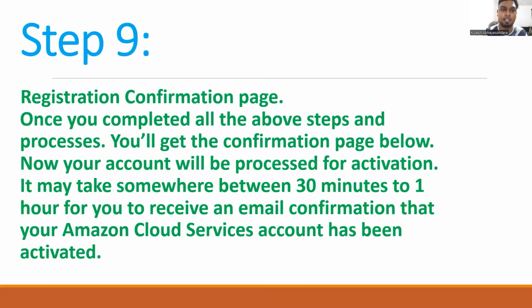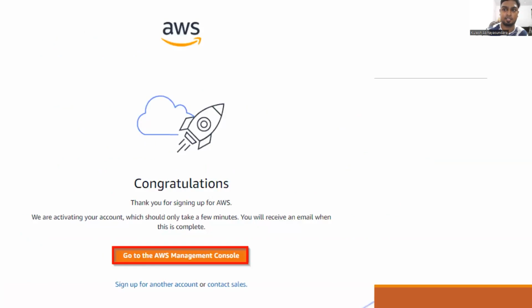In step 9, your registration confirmation page comes for you. I'll show it later on. Here, when you complete all the above steps in the process, you'll get a confirmation page. And this page will tell you that you have activated your AWS account between 30 minutes to 1 hour. And you will receive an email confirmation that your AWS account has been activated.